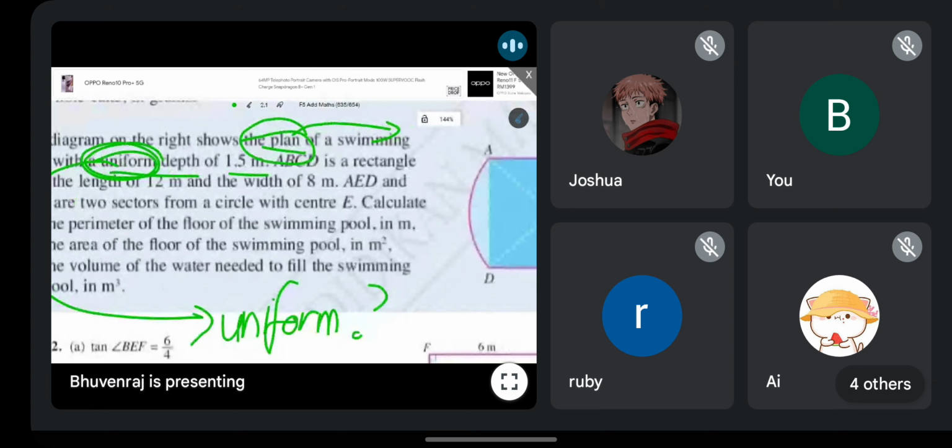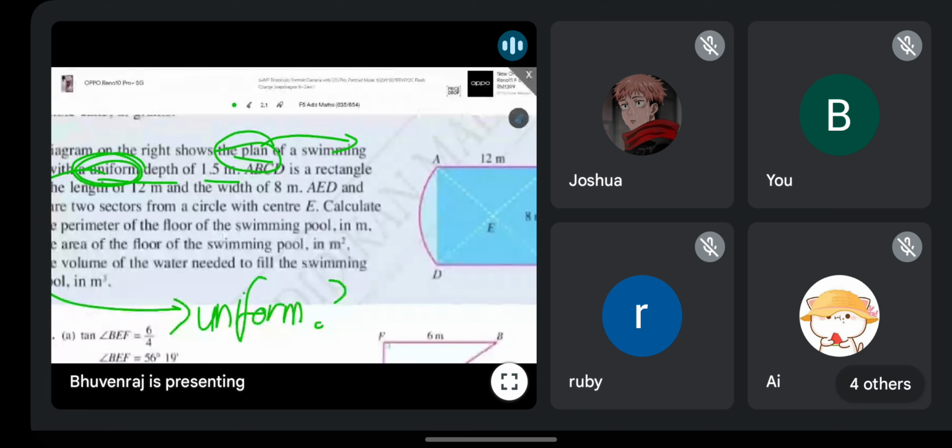Siapa boleh jawab? Why must the depth be uniform? KBAT. Mengapa kita perlu buat anggapan ini? Why must we make this assumption? Okay, in real life, yes, you're right. But I mean in terms of this chapter, in terms of mathematics, why must it be uniform?